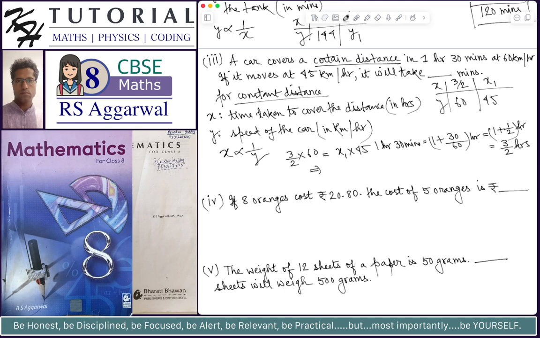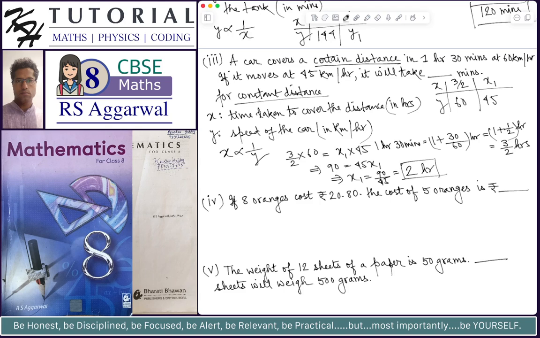The left hand side simplifies to 90, so 90 is equal to 45 x1. So x1 is equal to 90 by 45, which is 2. So it takes 2 hours.